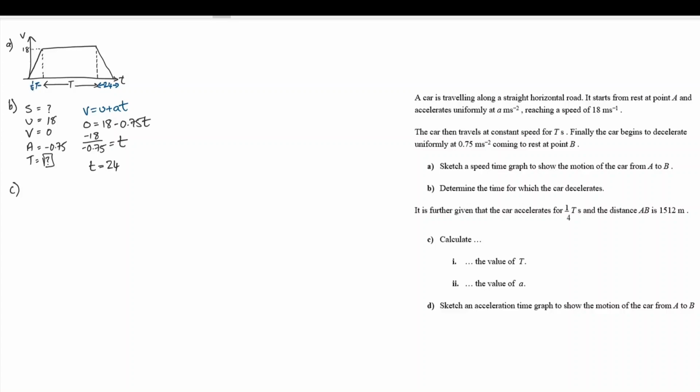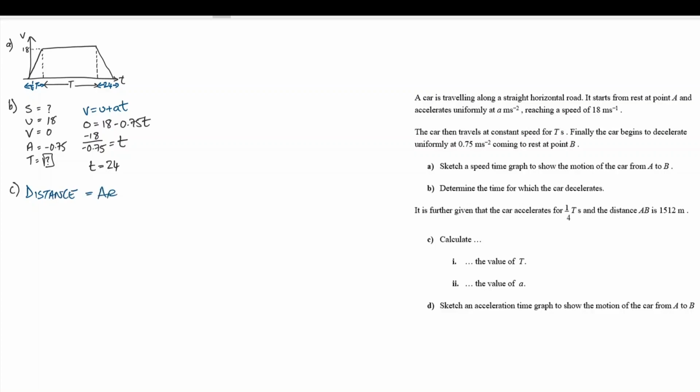And the distance from A to B is 1,512. The question then specifies that we should calculate the value of t, that unknown time period of constant velocity, and the value a, the acceleration at the beginning of the journey. So we're going to make use of the 1,512.